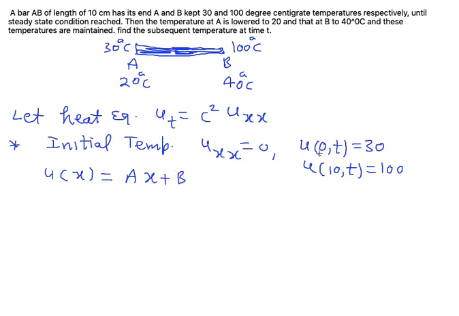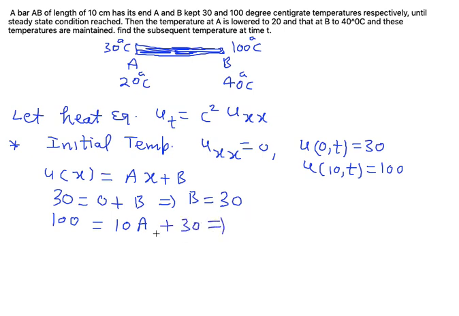By applying these conditions, u(0) equal to 30, that means when you put x equal to 0 you will get 30 equal to 0 plus b. So it is quite obvious b is 30. Then putting x equal to 10, where u is 100, we get 100 equal to 10a plus 30.